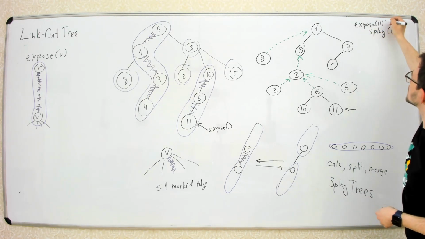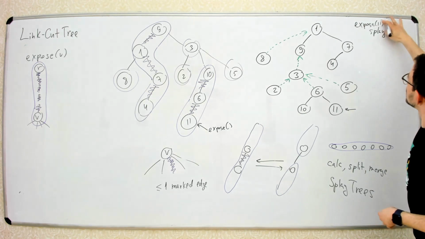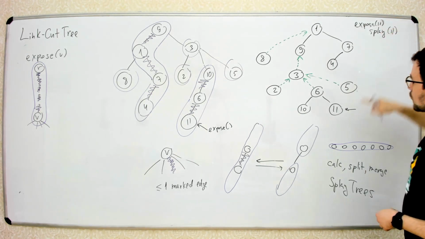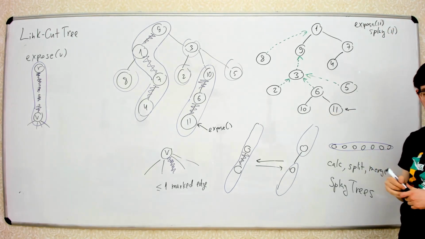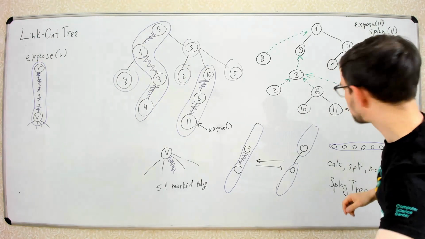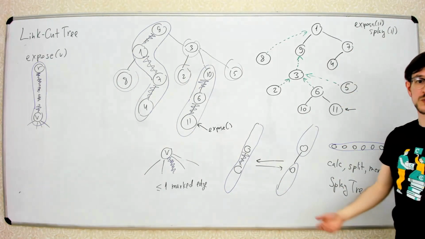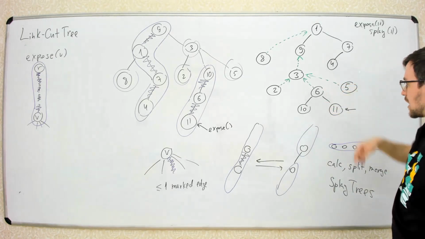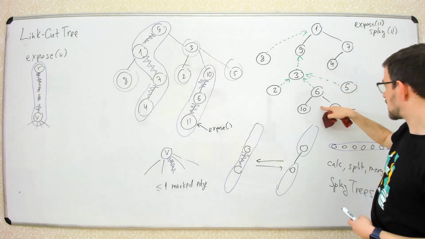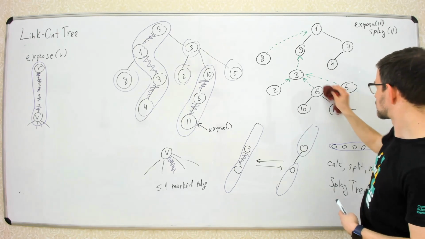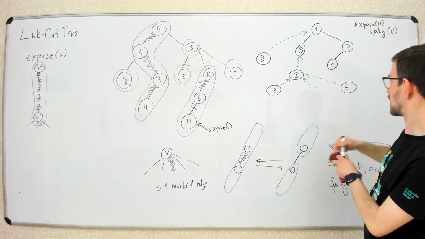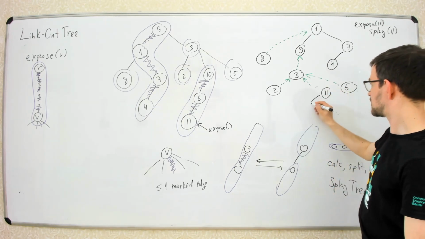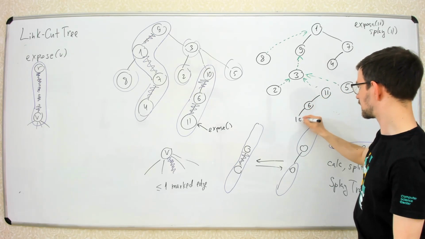So what happens when you call expose of node 11? First you splay this node 11. If you remember how Splay trees work, you just make one zig operation here, so you need to rotate this edge. Now 11 is the root, 6 is here, 10 is here.